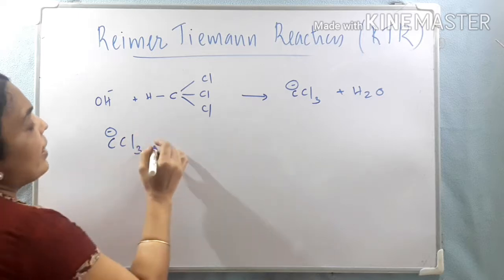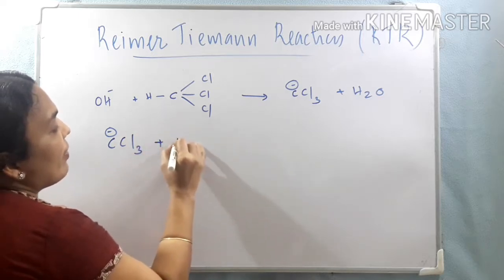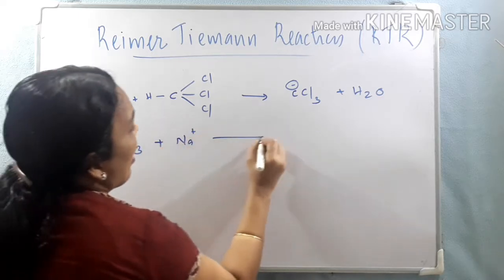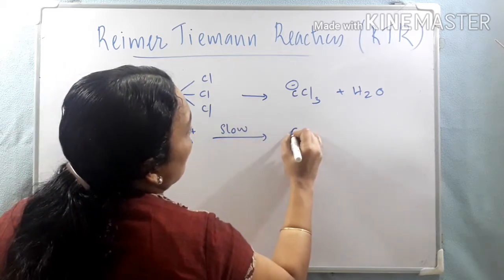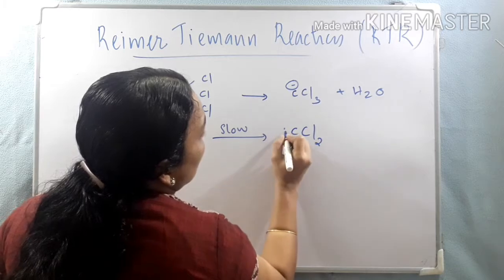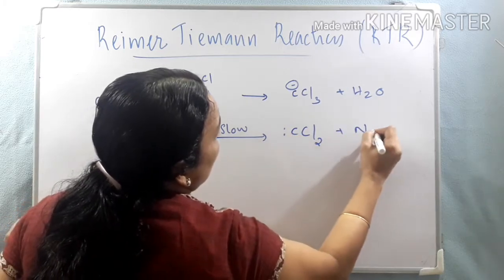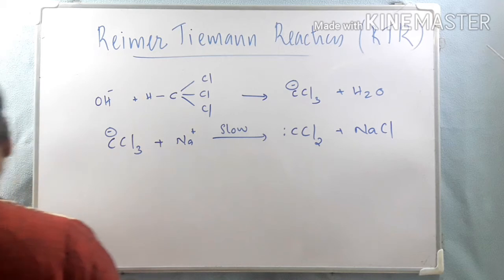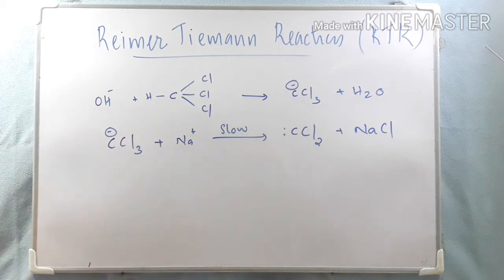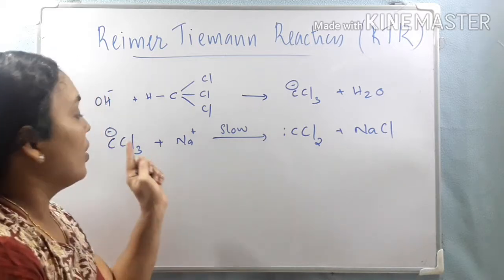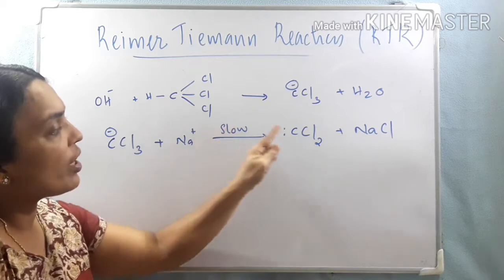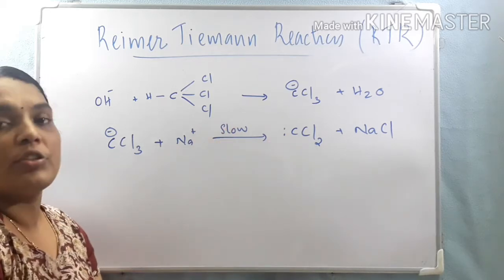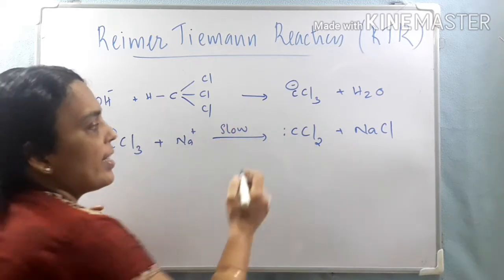Then this CCl3 minus, in a slow reaction, loses a chloride to Na plus, forming CCl2 plus NaCl.